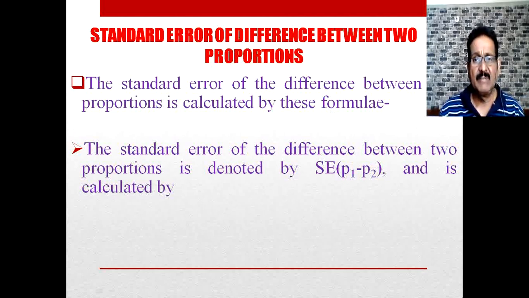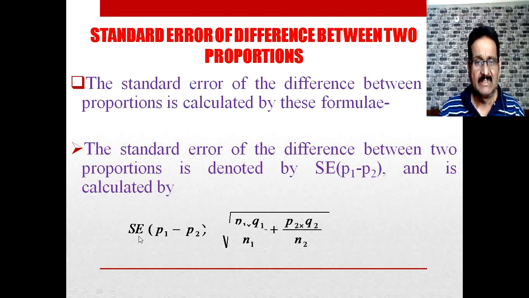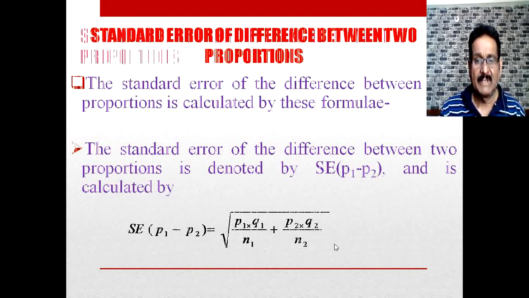The standard error of difference between P1 and P2 is the square root of P1 into Q1 upon N1 plus P2 into Q2 upon N2.